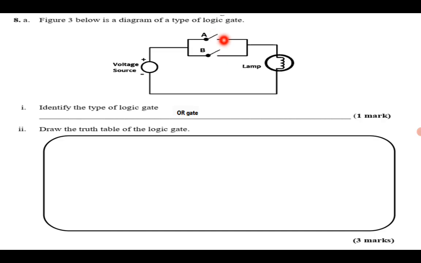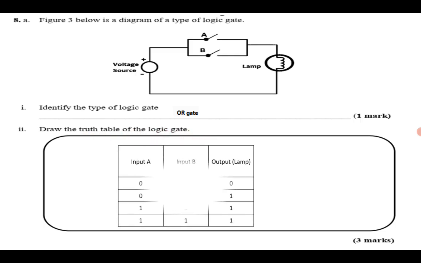So it's either A or B. So it's an OR gate. Draw the truth table for the logic gate. Alright, so in this case we have two inputs, close switch A or close switch B.